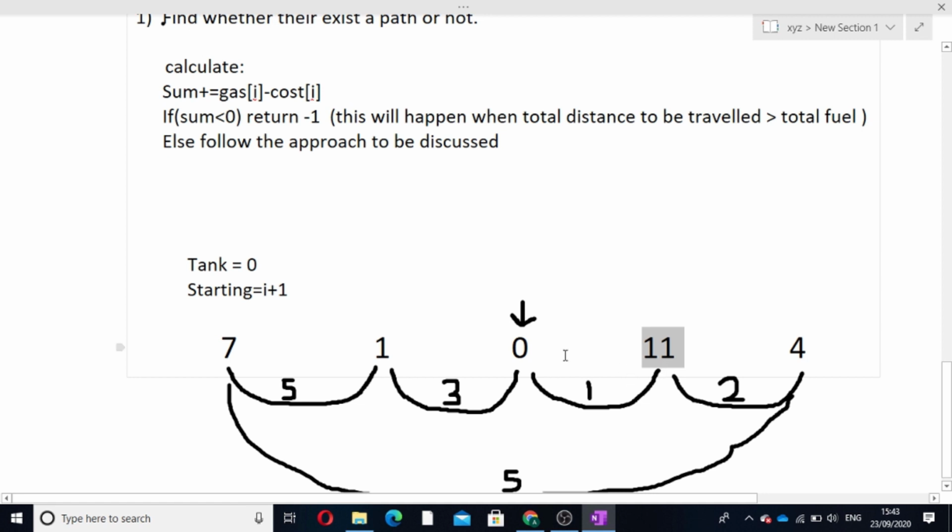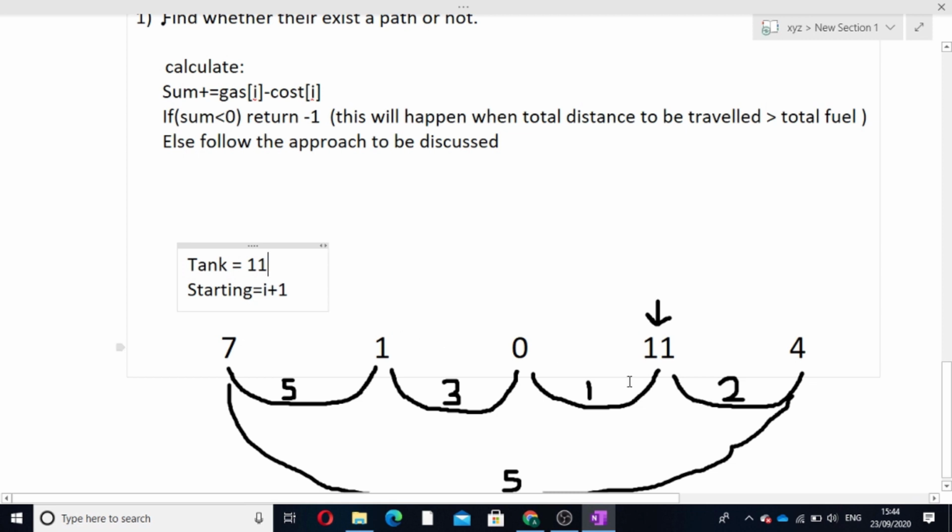So now the starting point has become I plus 1, so this pointer is now here. Our initial capacity of the tank is 0, but at this index we have gained some amount of fuel, so now it has become 11. Now we can see that using 11 we have to consume only 2 units of fuel to move to the next gas station.